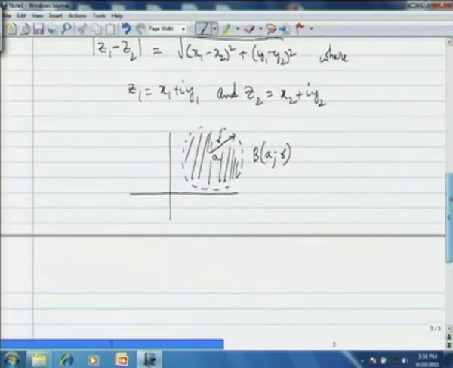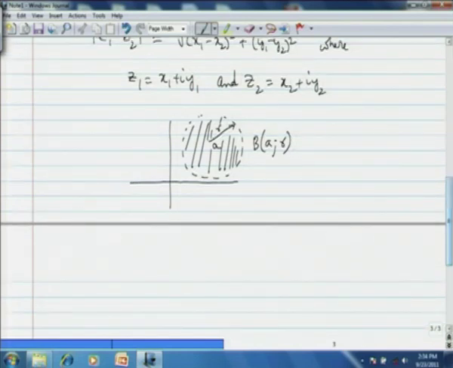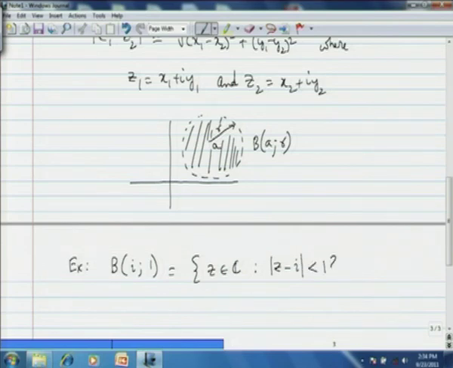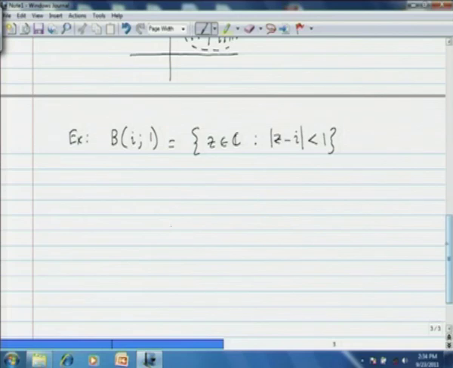So, here is an example. B(i, 1) is the set of all complex numbers z such that the modulus of z minus i is strictly less than 1. On the complex plane we can picture this.